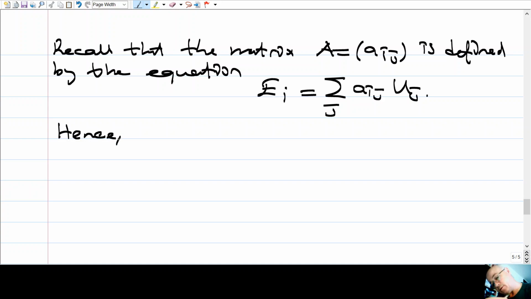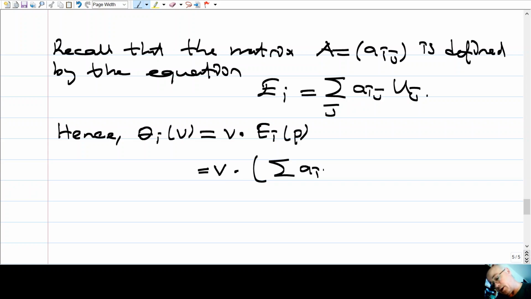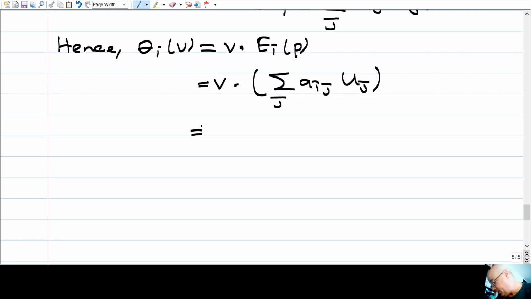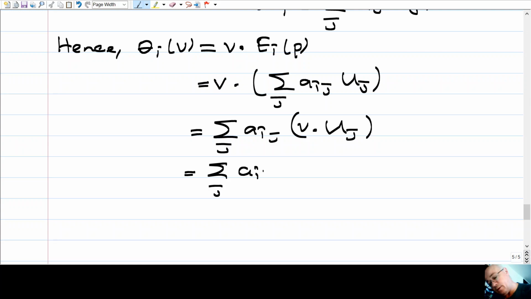Hence, theta i of v. What is this? This is by definition v dot eip, but this v dot eip is just this, summation over j of aij uj, and this can be written as summation over j of aij times v dot uj, but this is equal to, we just computed this above, this is just dxj of v.